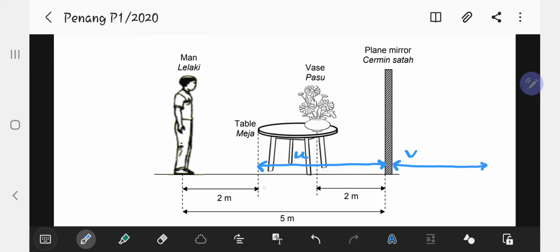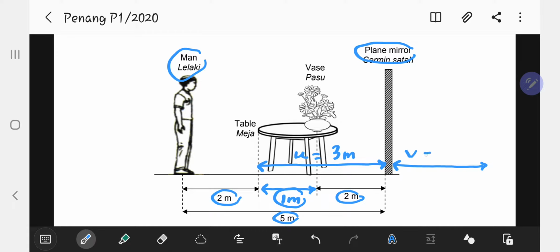Now, what is this length? The distance between the man and the plane mirror is 5 meter. So 5 minus 2 minus 2 is 1 meter. We know that U, the object distance, the table's distance, will be 2 meter plus 1 meter plus 2 meter, which is 3 meter.